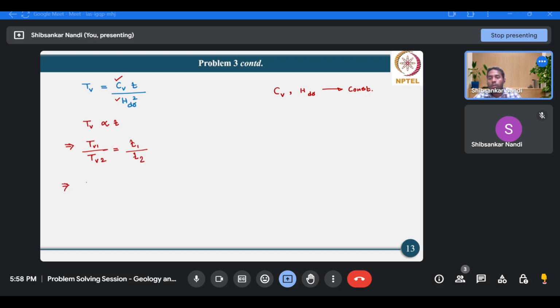So therefore your t2 will be t1 multiplied by TV2 divided by TV1. Okay, so this would be the calculation for time t2.